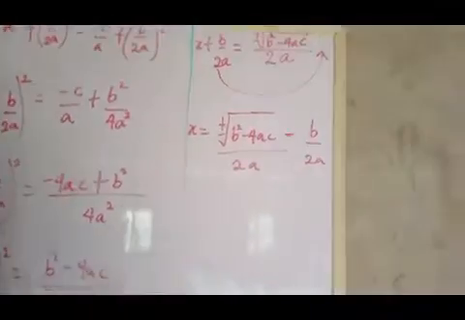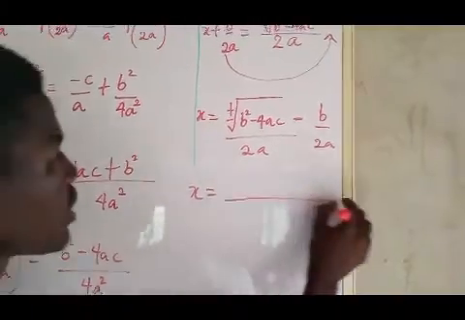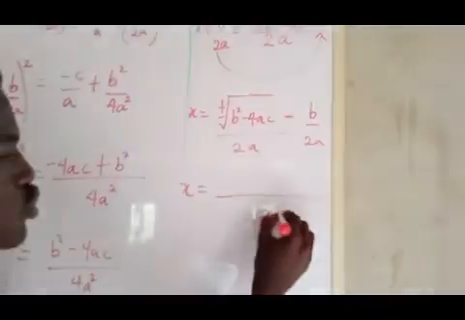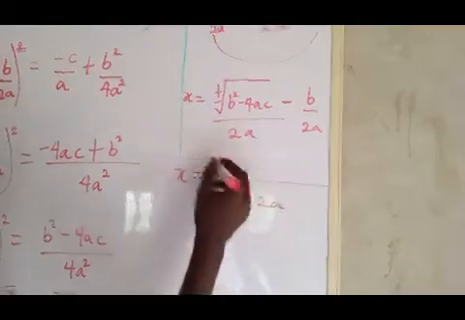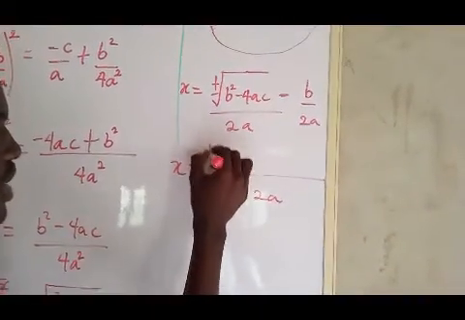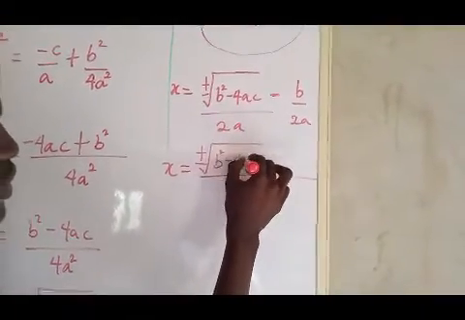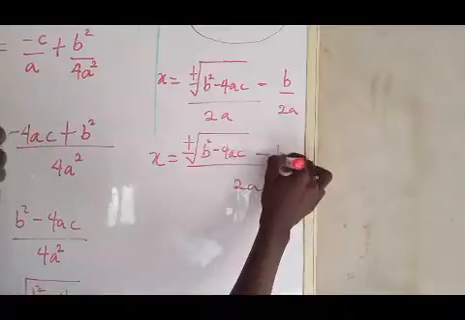So now your x is equals to, what's the LCM of these two? 2a. 2a in 2a will still give you 1, so it will give you everything up. So you still have everything here: b squared minus 4ac, minus b.